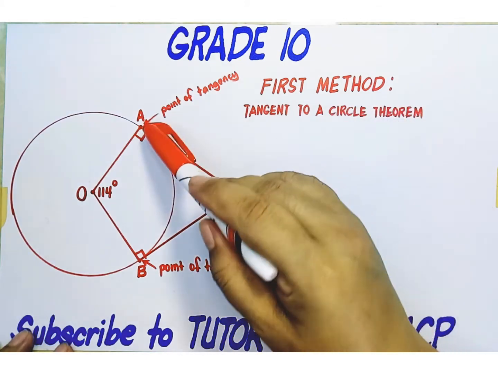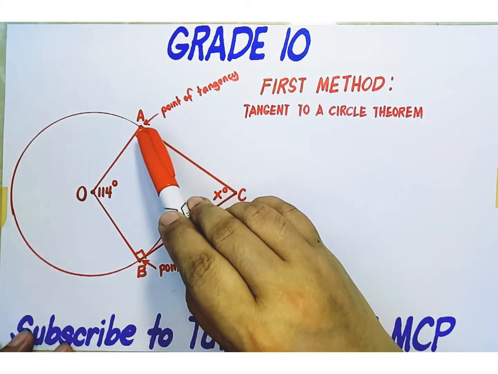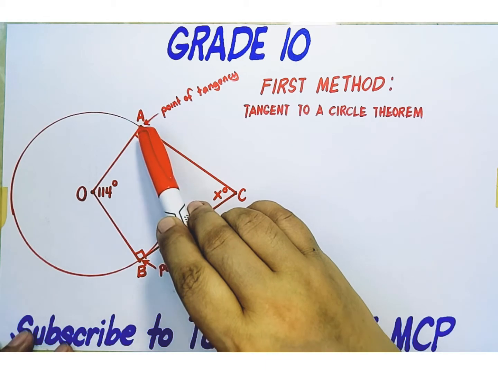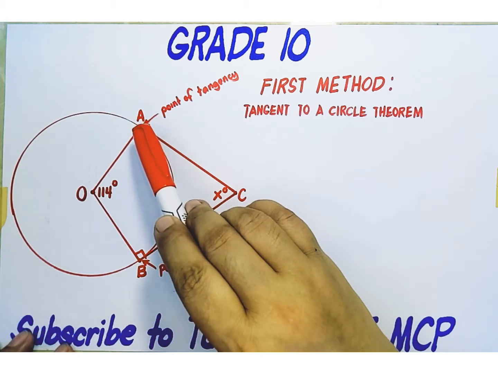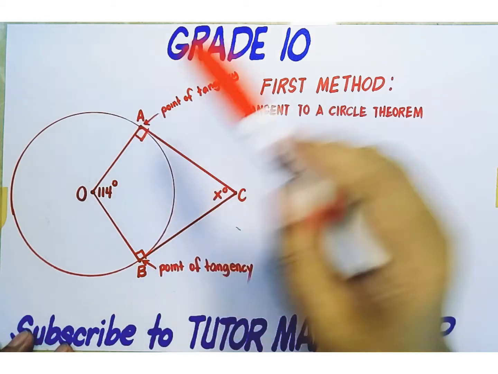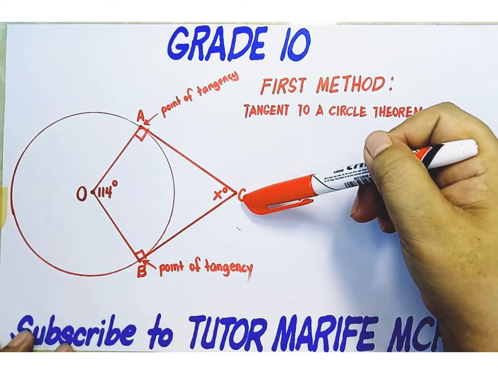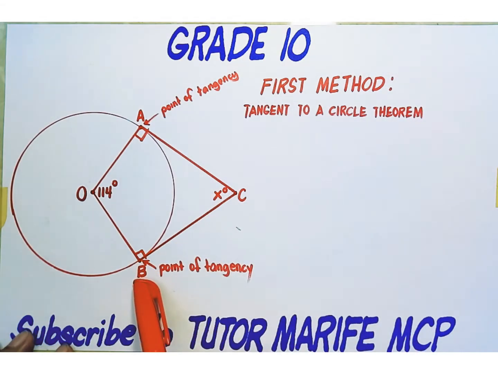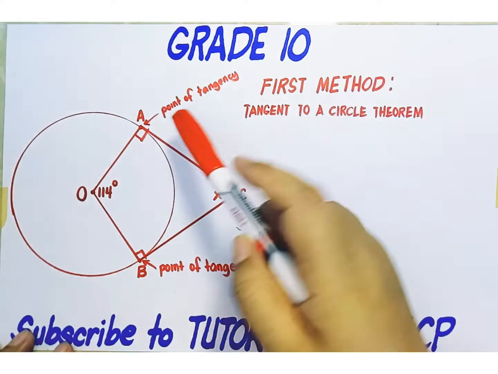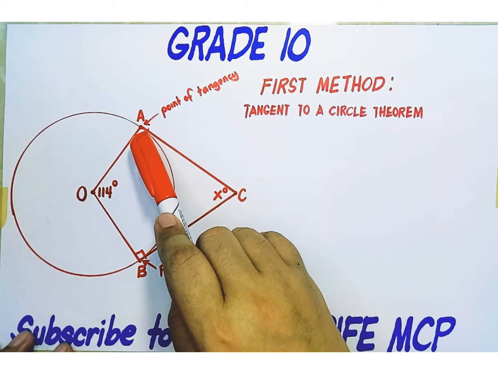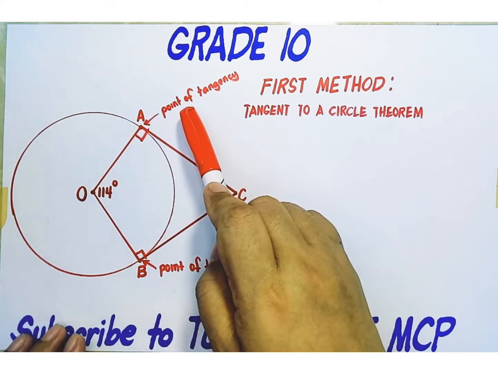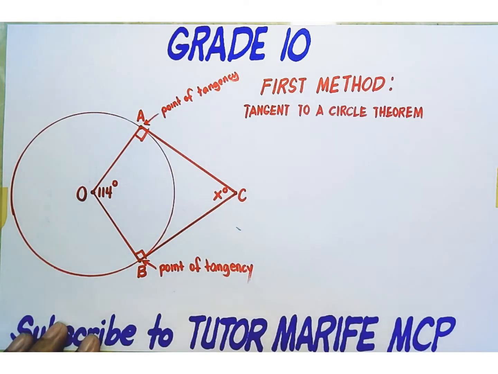Segment AC is tangent to circle O. It intersects circle O at exactly one point, and that point is point A. Segment BC is also tangent to circle O. It intersects circle O at exactly one point, and that point is point B. The special name for the point of intersection of a circle and the tangent is point of tangency.